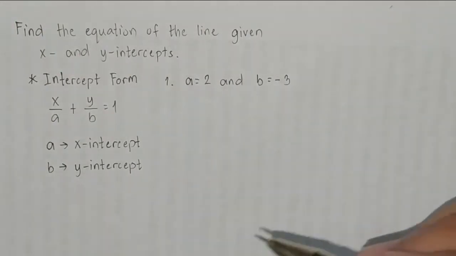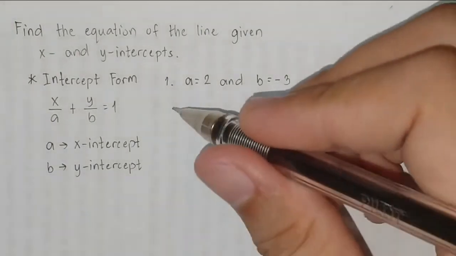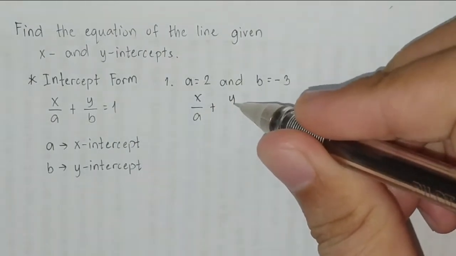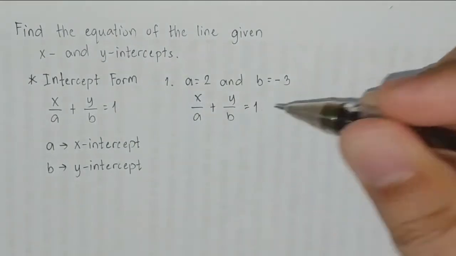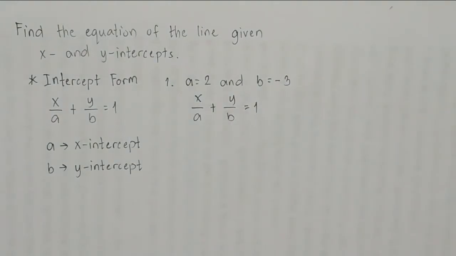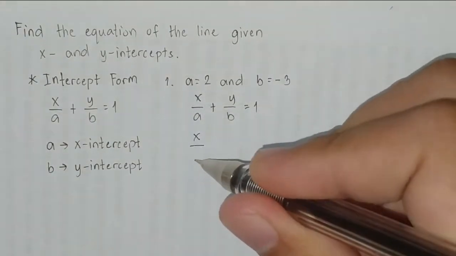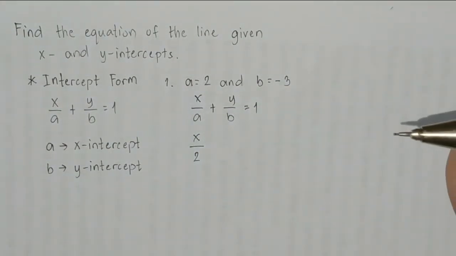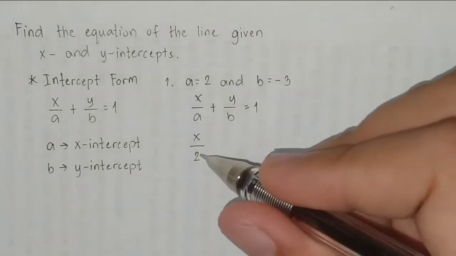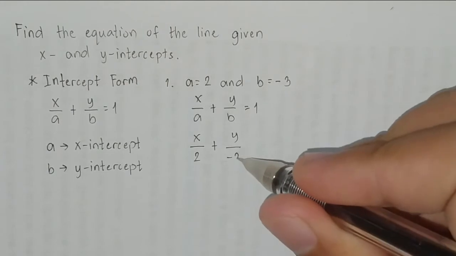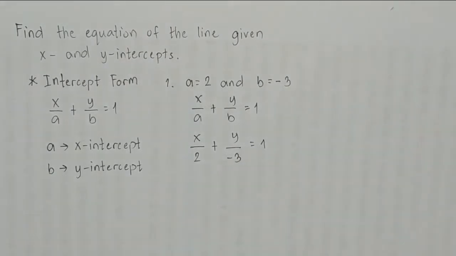So we are going to rewrite the intercept form, x over a plus y over b is equal to 1. Isubstitute lang natin yung a and b natin dun sa ating intercept form, ito ay magiging x over 2 since our value of a is equal to 2, plus y over b, which is negative 3, is equal to 1.